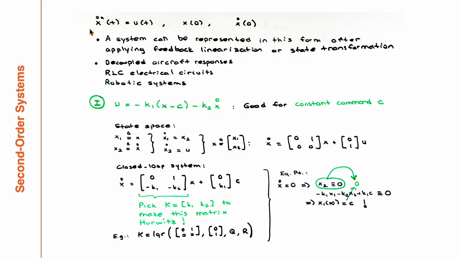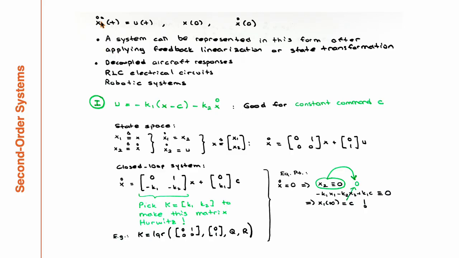And even if you don't have a second order system, after applying a feedback linearization or a state transformation approach, you may end up having systems of this form. And on my channel, there are examples about that in different playlists. So if you have difficulty finding feedback linearization or state transformation, let me know in comments and I will guide you to the related videos.